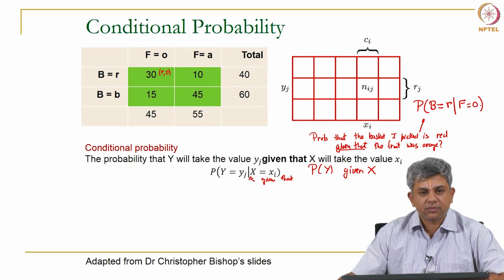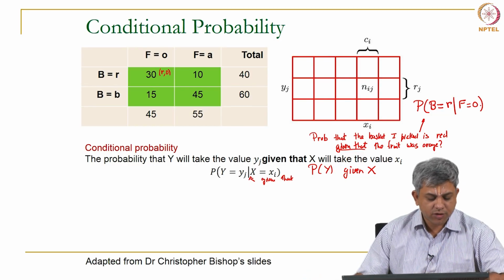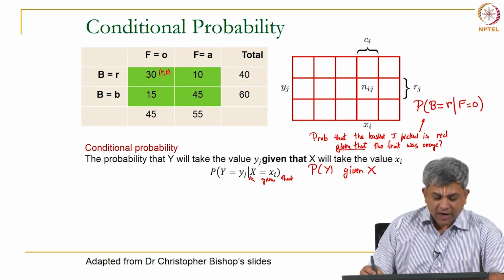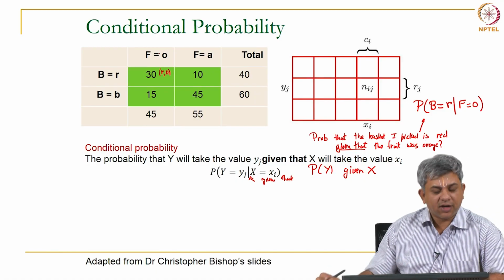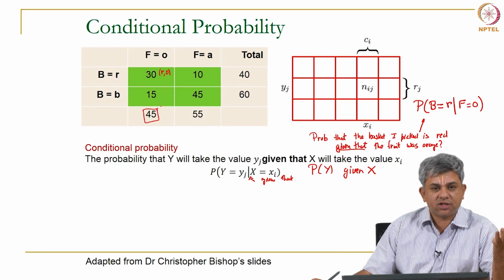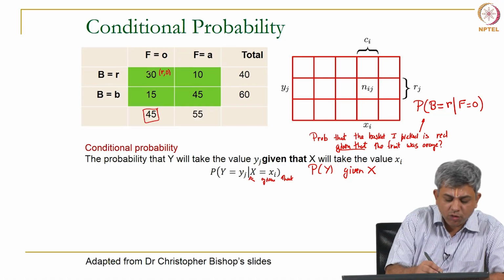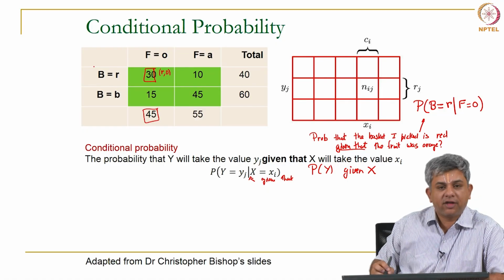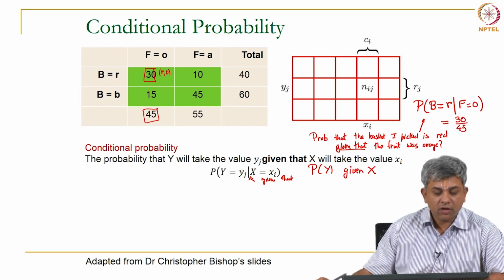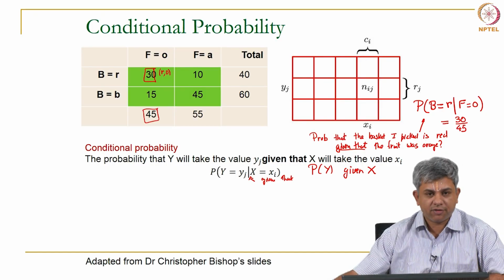Okay. Now, intuitively let us answer this question. Okay. So, what is it that we are given? We are given that the fruit is an orange, and out of the trials we know that 45 of those cases are oranges. Now, out of those only 30 cases was the basket red, which means our probability is going to be 30 over 45. Okay.